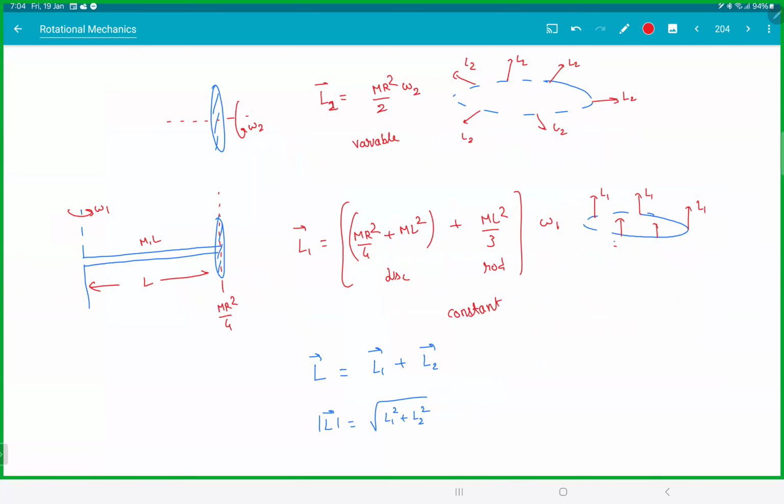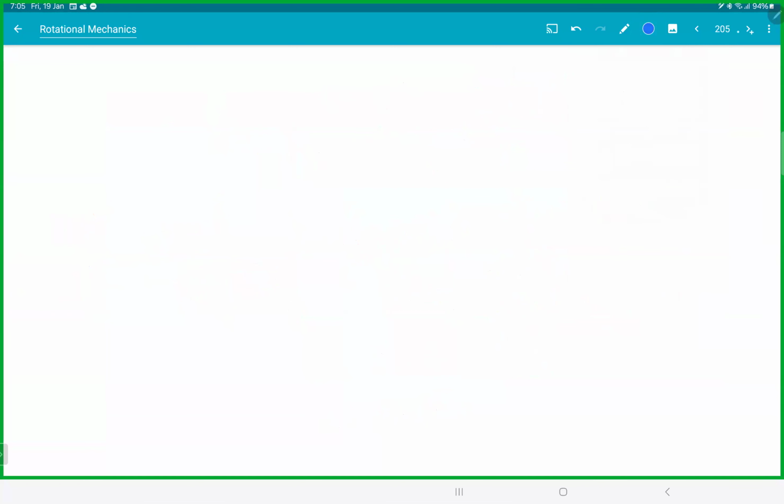So, let's see how to do this now. The one thing that is clear is that when this guy is rotating here, we have an angular momentum L2 bar which is changing. The total is L1 bar plus L2 bar.